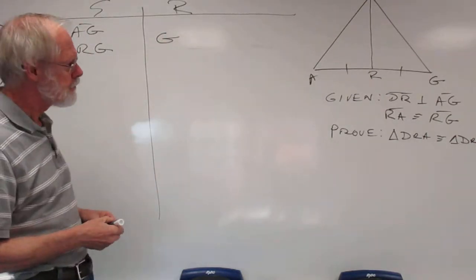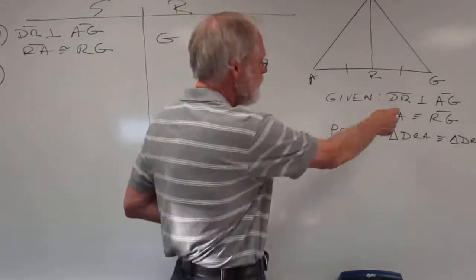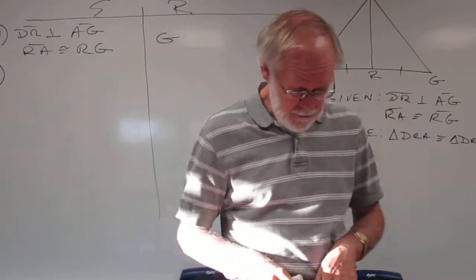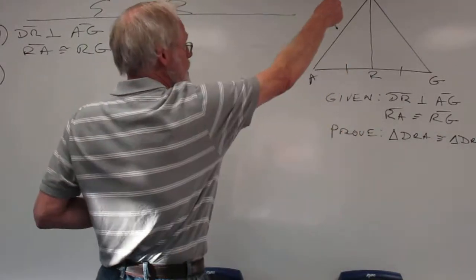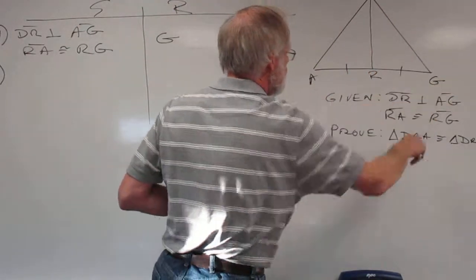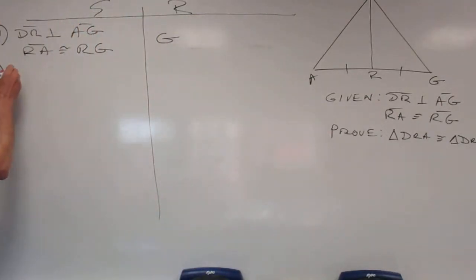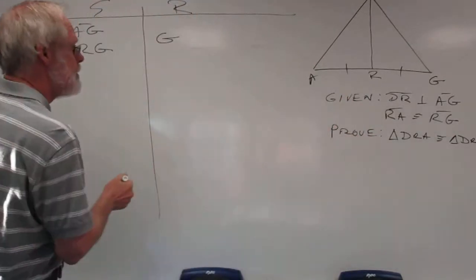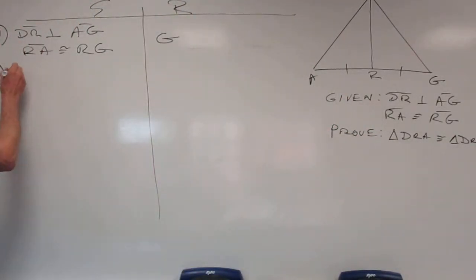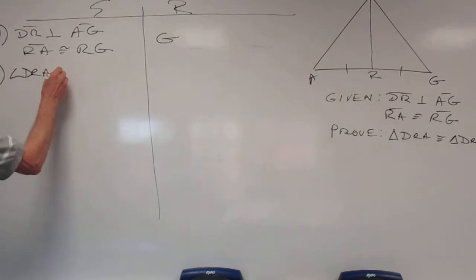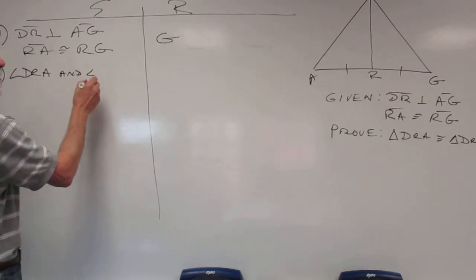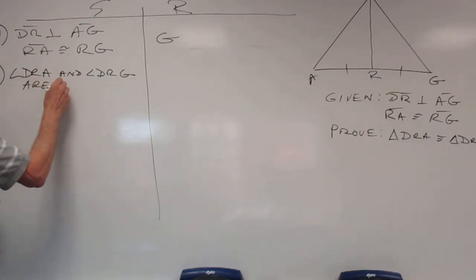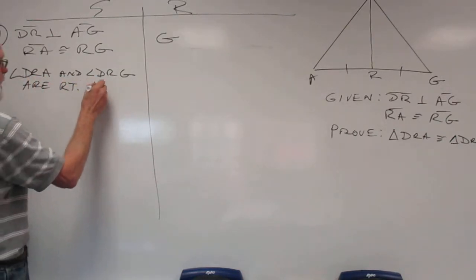Number two, since we have these two perpendicular, that allows us to state that angle DRA and angle DRG are right angles.